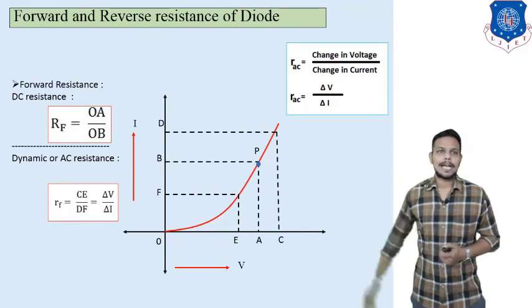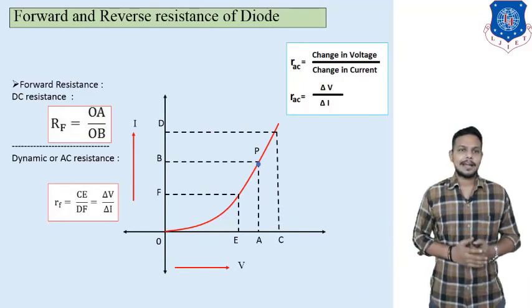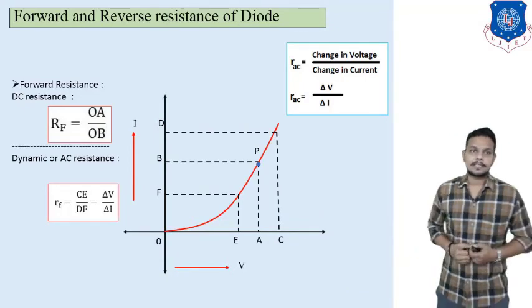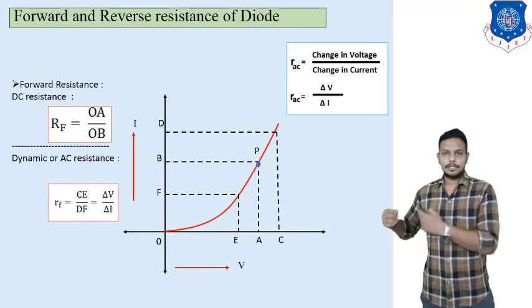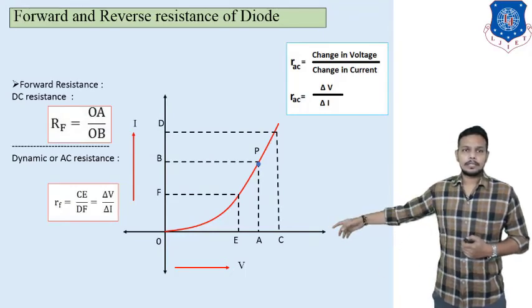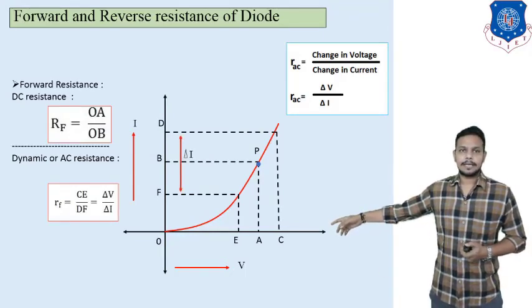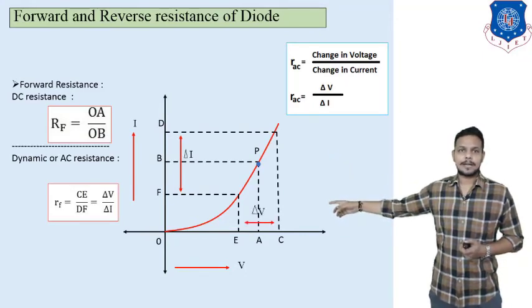Now let us discuss dynamic resistance, or we can say the AC resistance. So RF is equal to the AC resistance. It changes differently with time. Here we can see delta I and delta V, these different parameters.